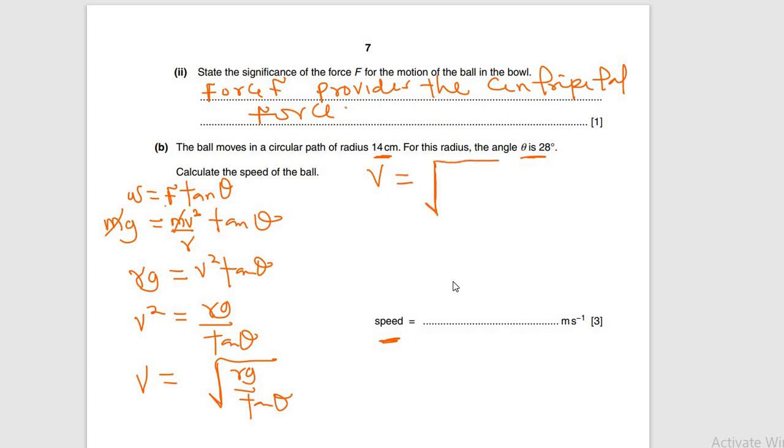What's my radius? 0.14, g is 9.81, over tan theta, that's tan 28. So punch that into your calculator. You're going to have 2.58. The square root gives us 1.6 meters per second. That's it.